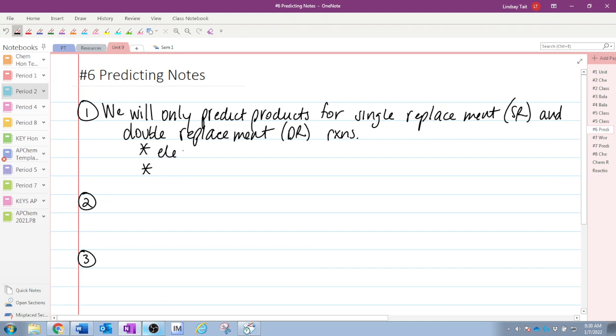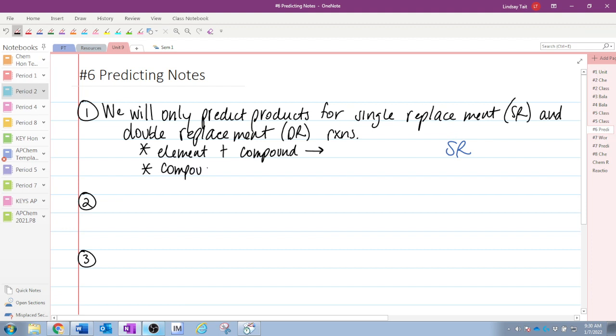So, in that case, if I have provided you an element reacting with a compound and then I don't give you any products, process of elimination, guys, what type of reaction does this have to be? An element plus a compound. This has to be a single replacement reaction because we learned yesterday single replacement reactions have an element and a compound on both sides. Well, if your only choices are single or double replacement, this meets the criteria at least for the first half of the single replacement.